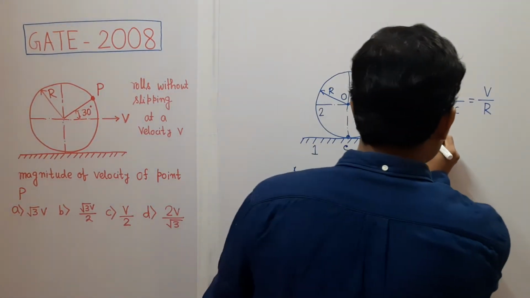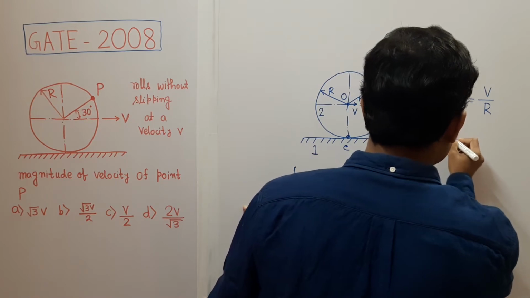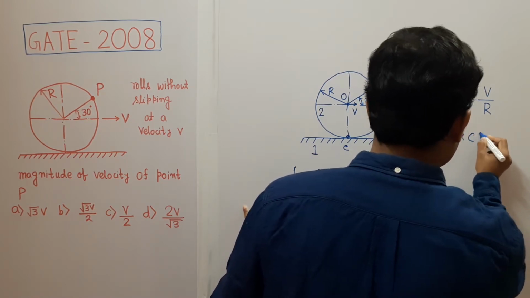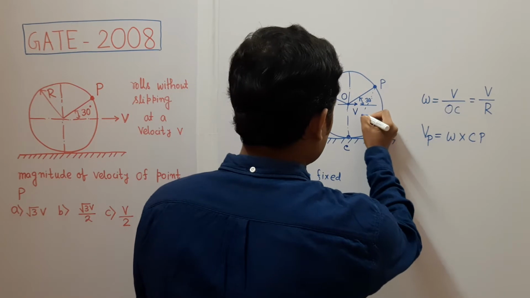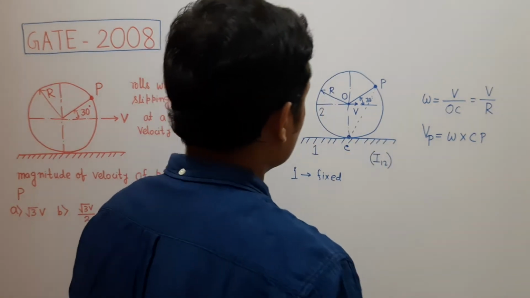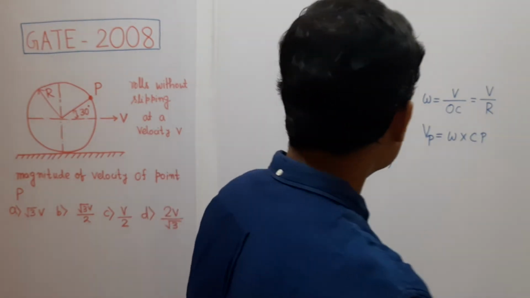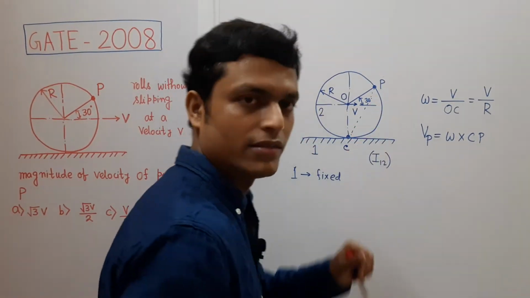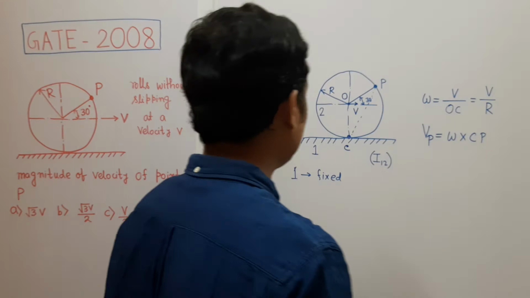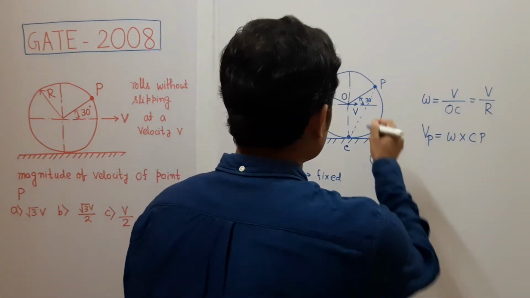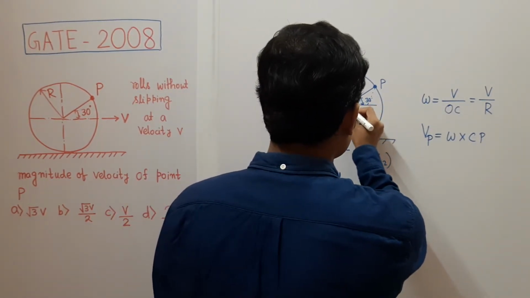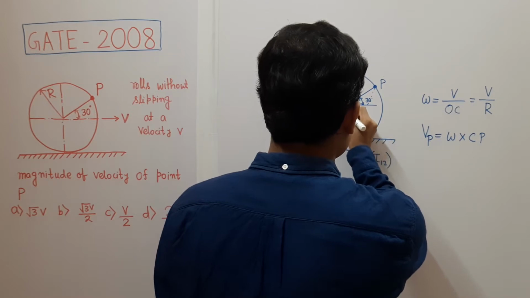Now the velocity at point P will be omega into CP, that is this distance. By geometrical calculation you can easily determine CP, which is class 12 level geometry. This angle is 30 degrees, so the total is 120 degrees.